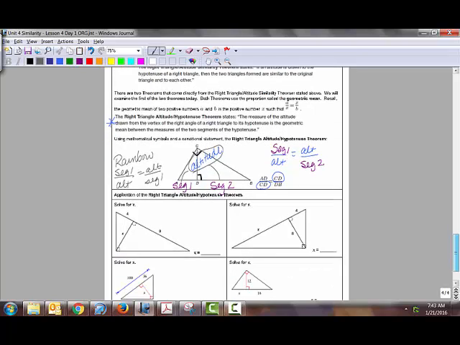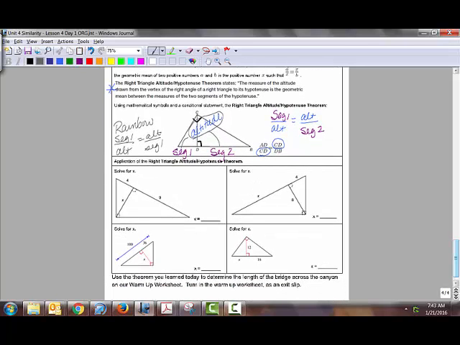And then I make a little rainbow. And I follow the rainbow, writing my proportion. Segment altitude equals altitude segment. We need to remember that we need the equal sign in between our two ratios, otherwise we do not have a proportion. All right, so let's do these 4 examples here.